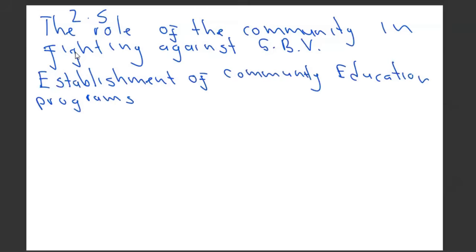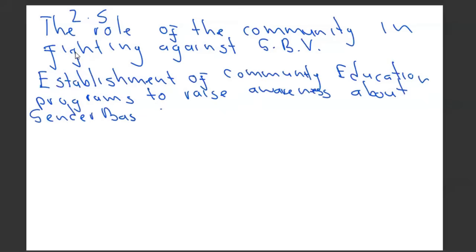You can start by establishing the community education programs to raise awareness about gender-based violence. So the first step is to establish community education programs to raise awareness about gender-based violence.